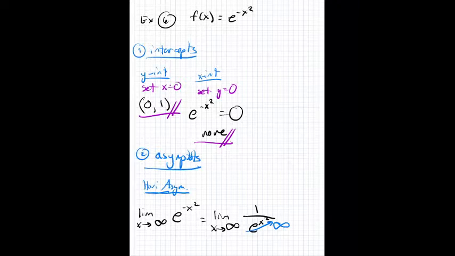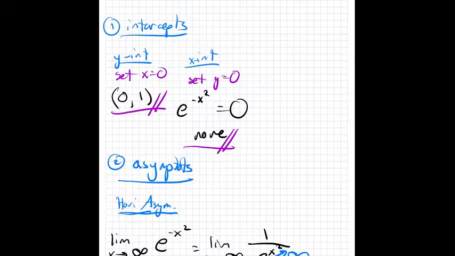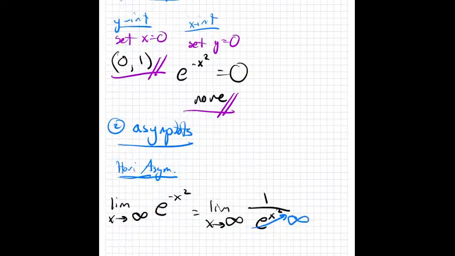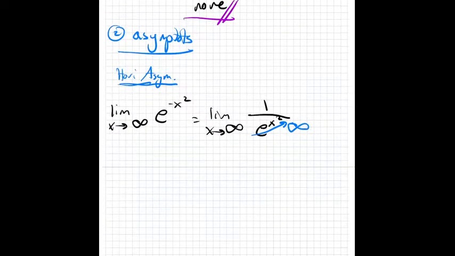And let's add a page. So then this is essentially 0, right? So our claim is that the x-axis, y equals 0, is a horizontal asymptote going off to the right, as x goes to positive infinity.